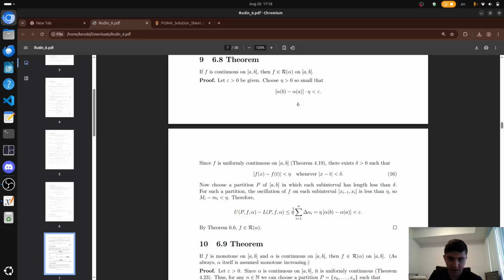When you subtract these two things, we want to show from continuity that this thing is less than epsilon. What's our strategy? Our strategy is to use this definition that the subtraction of these two is the same thing as this. When you subtract the upper sum from the lower sum, you're still going to remain with the same steps on the x-axis, but you're subtracting on the y-axis, right?